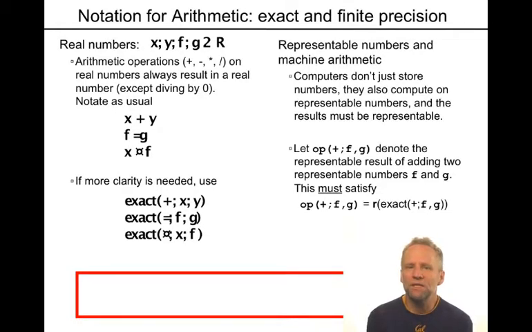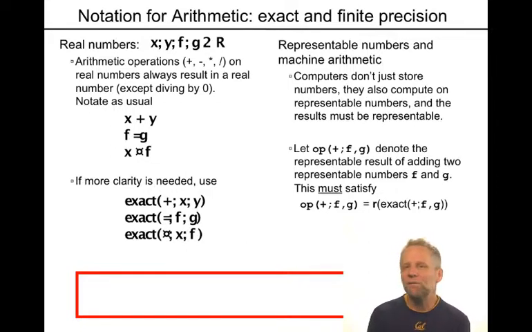Now what I said on the previous slide is that however the machine works, however the circuitry was designed by the Intel or Advanced Micro Devices or any other manufacturer's engineers, when this is requested of the computer, the result it produces, op, and then the operation, in this case a plus, and the two arguments, must be the result of the exact operation rounded to the nearest representable number.